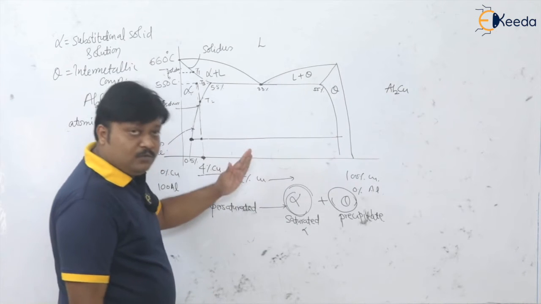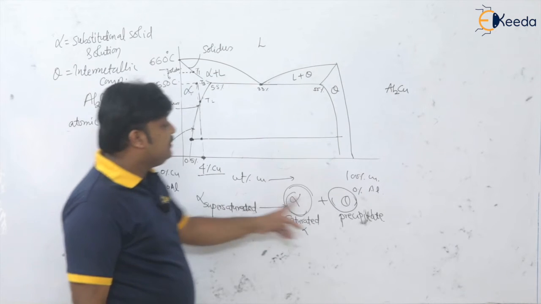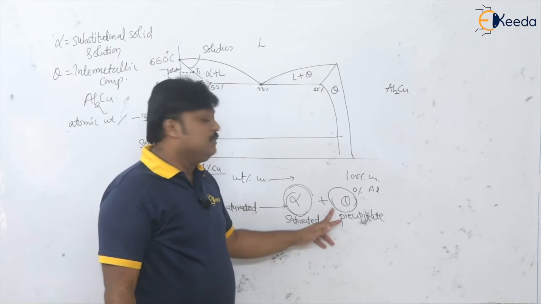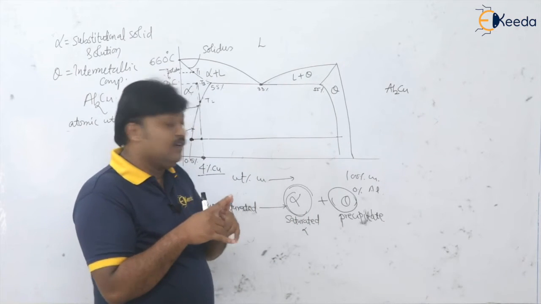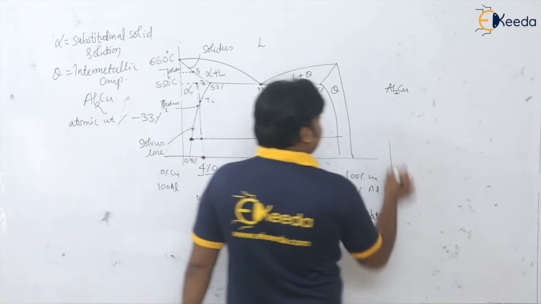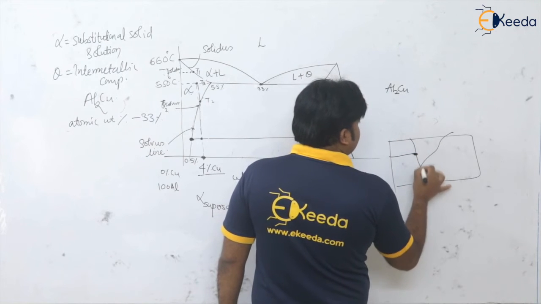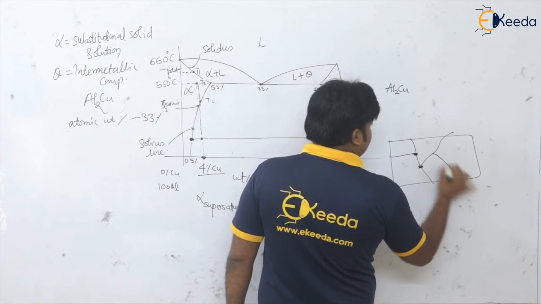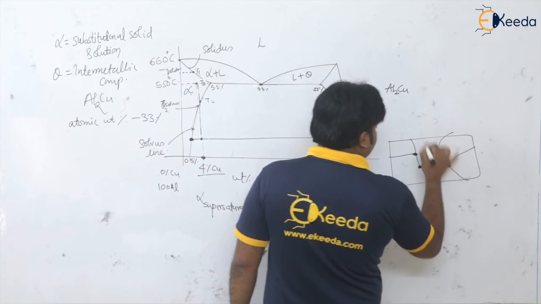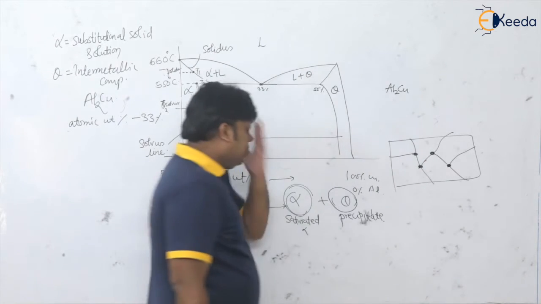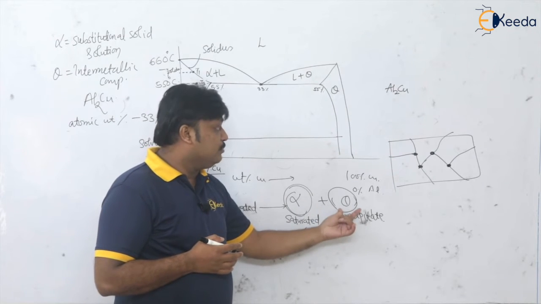It will come out from this alpha matrix as the theta, which is the precipitate, and this precipitate will be along the tri-junction grain boundaries, like this. So like this, theta is going to precipitate and grow on the grain boundaries, isn't it?